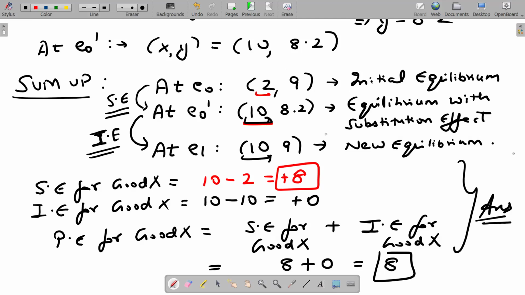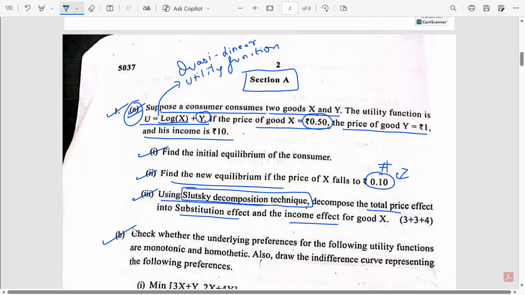Serious students who want to do some serious study of intermediate microeconomics part 1 are requested to enroll for my complete course. In the next lecture, I'm going to solve part B of question number 1.